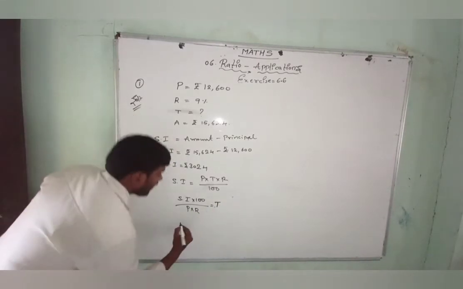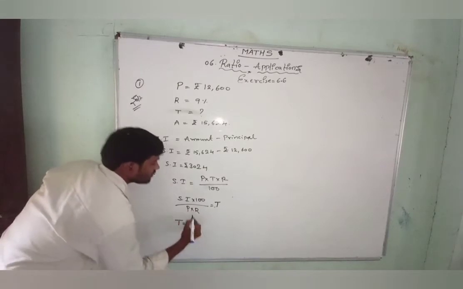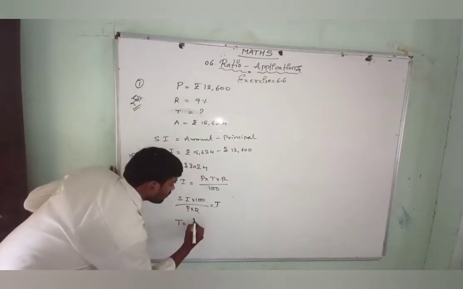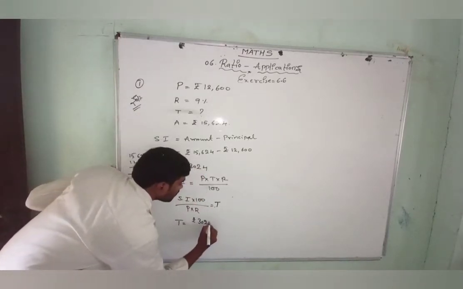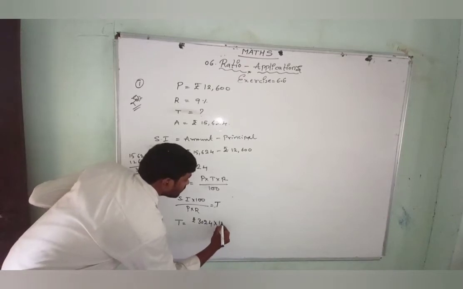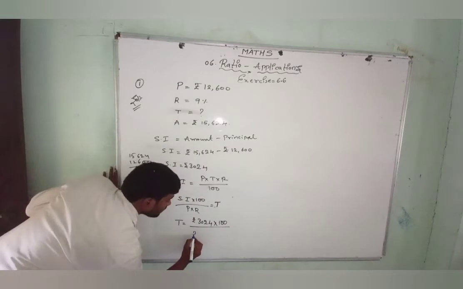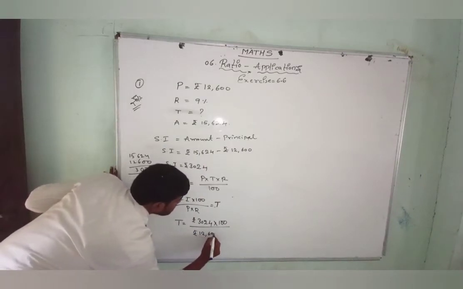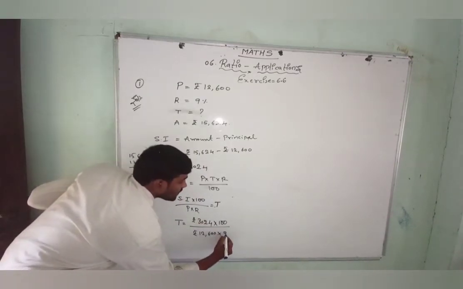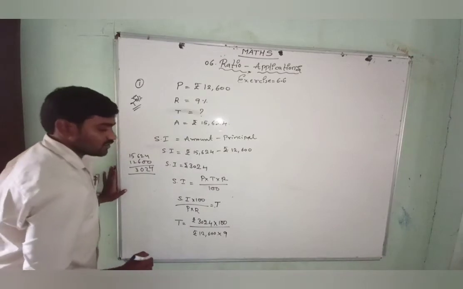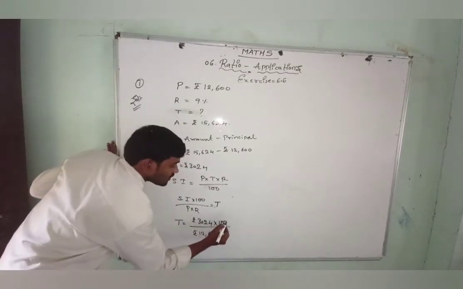So now we write T equals simple interest. The simple interest is rupees 3024 into 100 by P into R. P is rupees 12,600 into R, that is 9, the rate of interest. Let us cancel these two zeros against these two zeros.